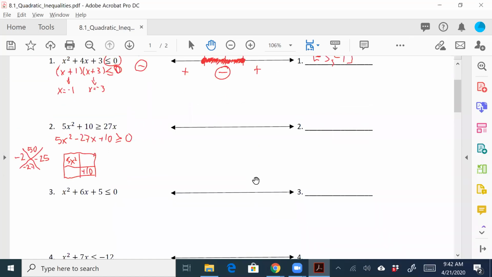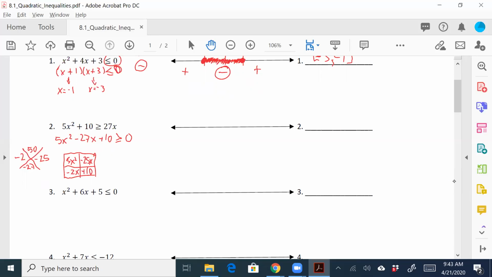Okay, so negative 25x and negative 2x. And again, it doesn't matter where you put these. If you put negative 25x down here, you just switch where the factors are up here.